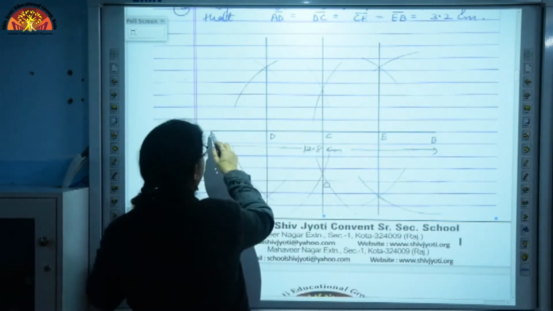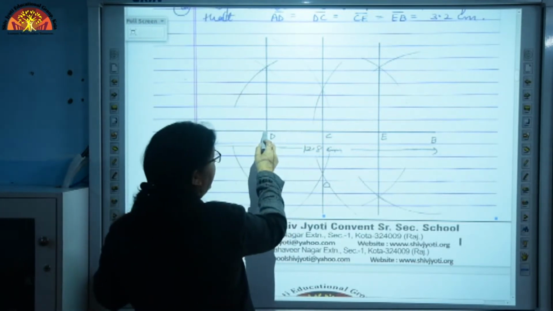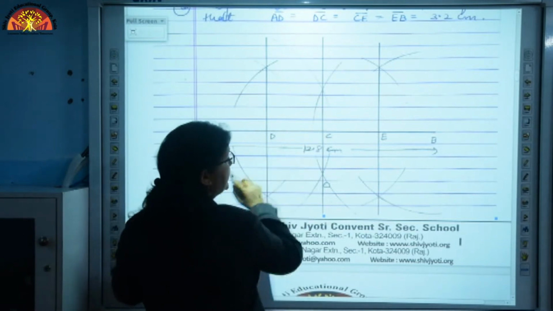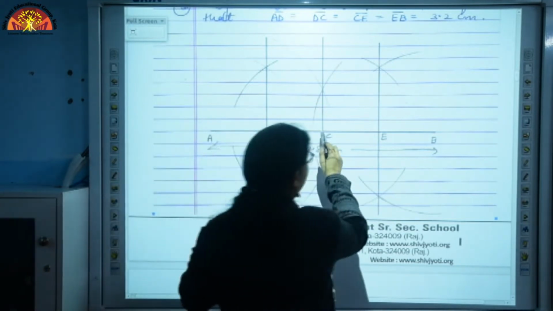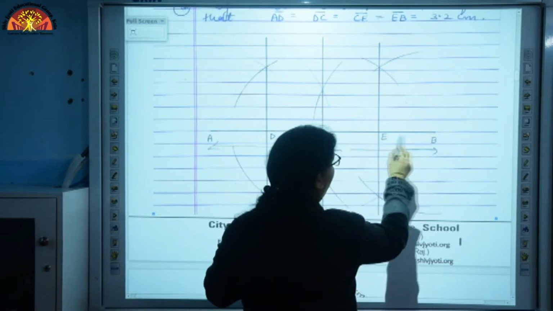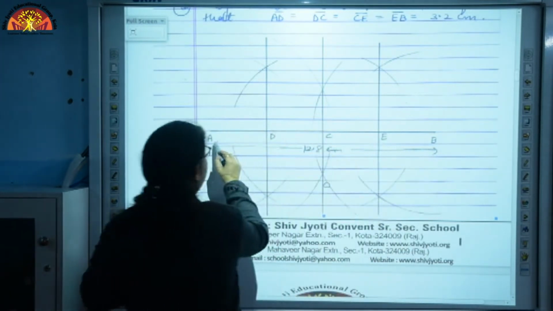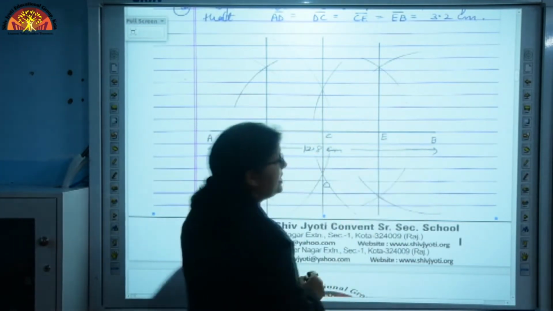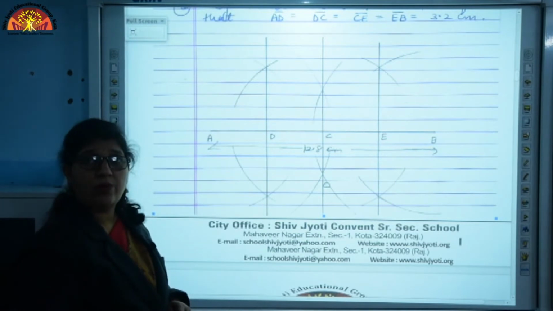When we bisect AC, now D is the midpoint of AC. So AD and DC are equal, and after that we draw the perpendicular bisector of CB. So E is the midpoint of CB. Now AD, DC, CE and EB, all 4 parts are equal.